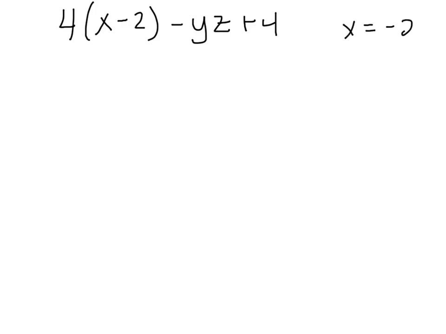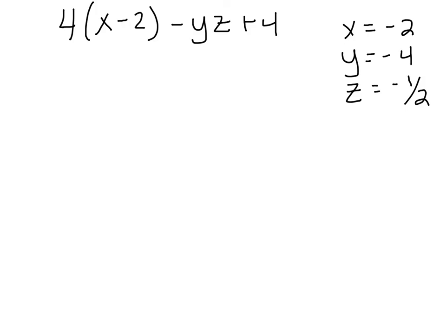Let's look at the last, which is 4 times the quantity x minus 2 minus yz plus 4. And again, x is negative 2, y is negative 4, and z is negative a half.